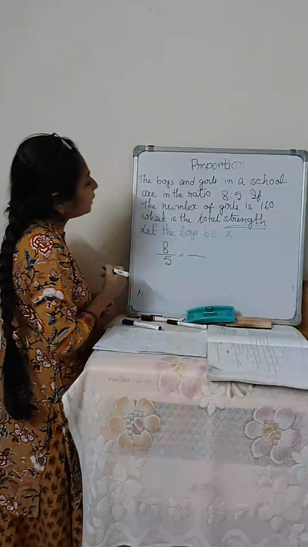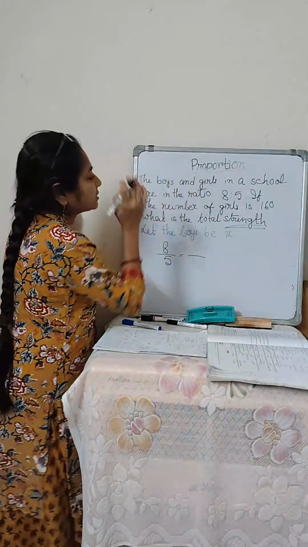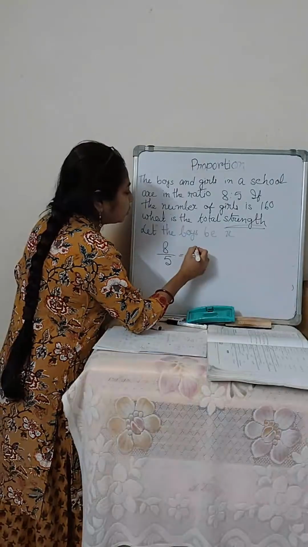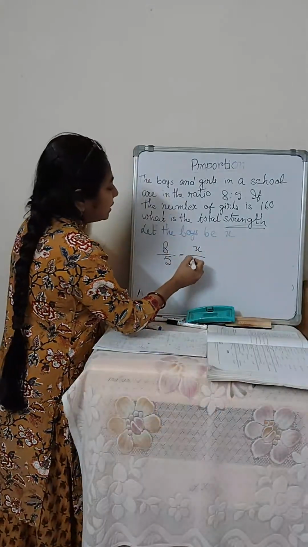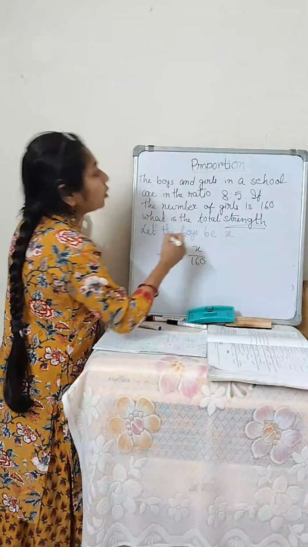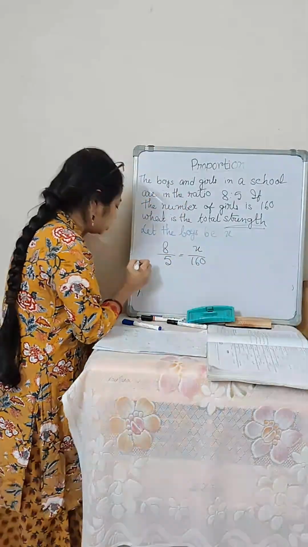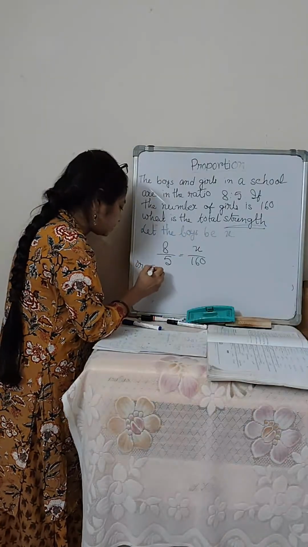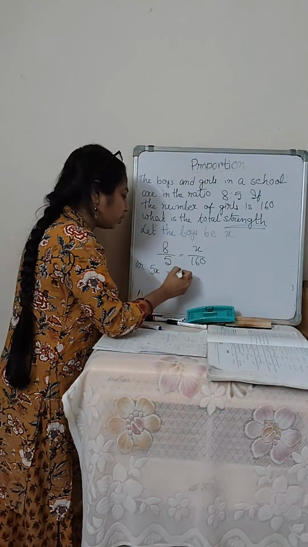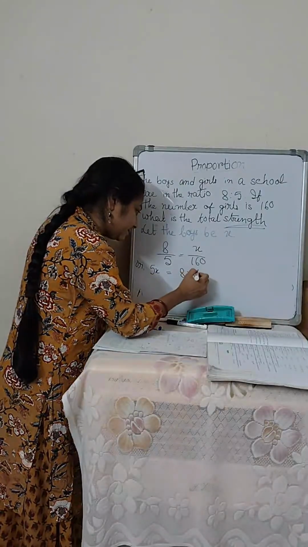How can I write? Boys first, girls second, then 8/5 equal to X by girls, which is 160. According to the proportion rule, cross multiplication. I do this: 5x is equal to 8 into 160.